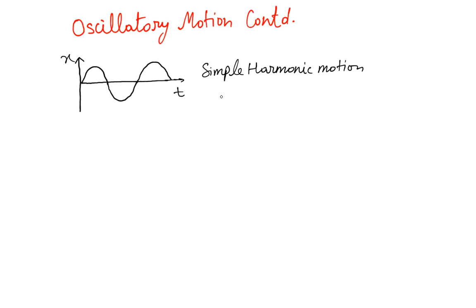Last lecture we were explaining simple harmonic motion, when we said any motion that follows a sine curve is a simple harmonic motion, and we wrote the equation as a sine omega t, where we explained omega to be the angular frequency and a was the amplitude.